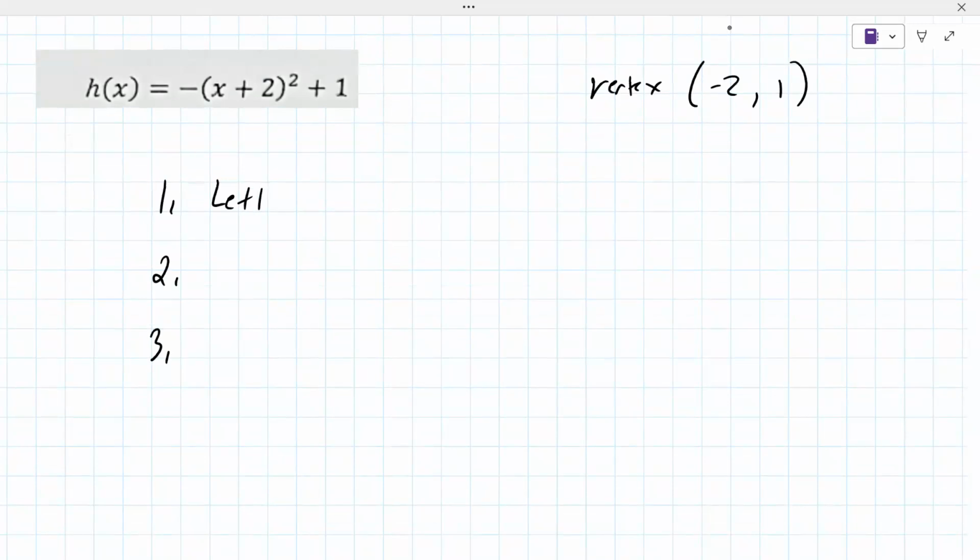Left two, up one, and then there's this negative symbol. Do you remember what that does? It is a vertical reflection, right? Yeah. So it's a reflection over the x-axis. Got it.